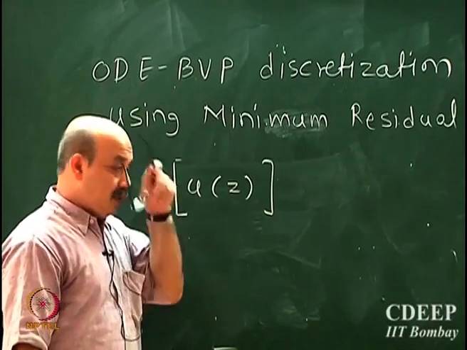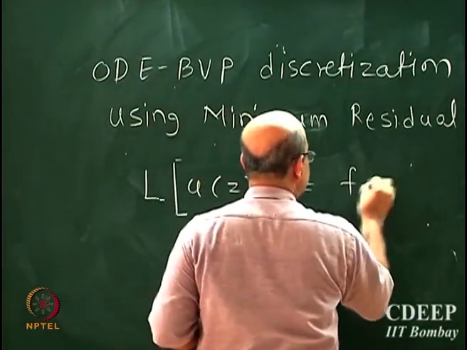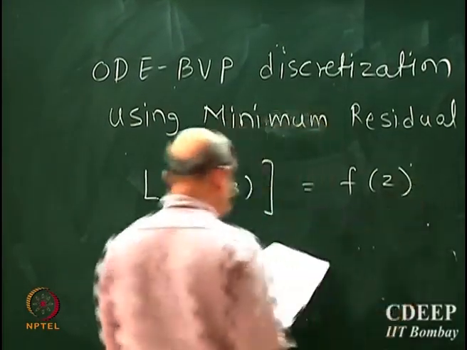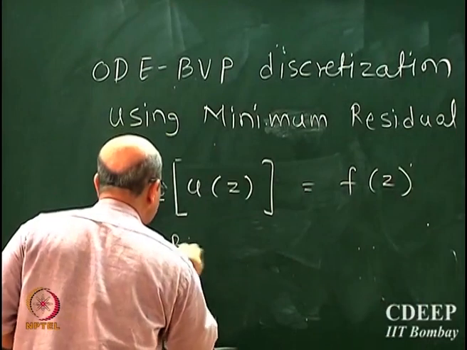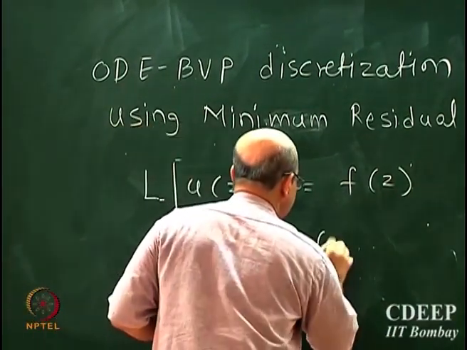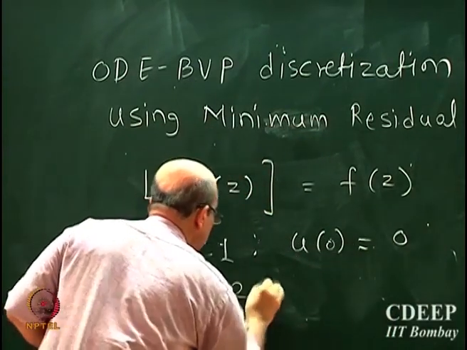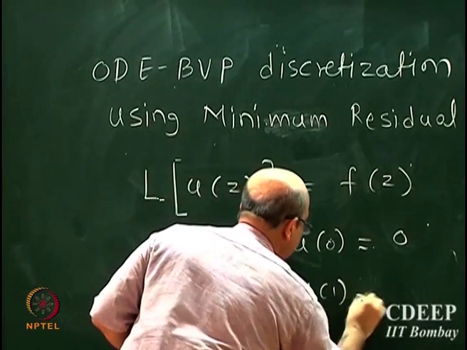L operating on u(z) is equal to some f(z), with boundary condition 1, which corresponds to u(0) equal to 0, and boundary condition 2, u(1) equal to 0.